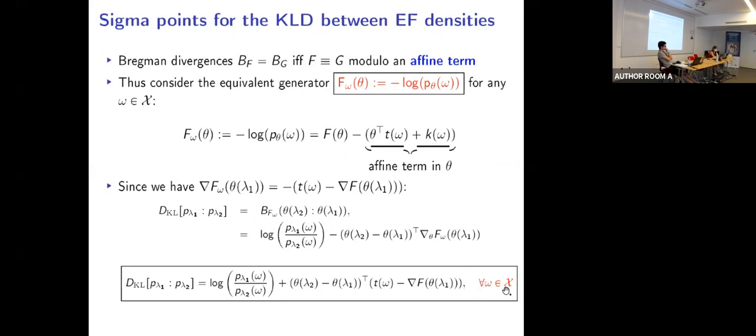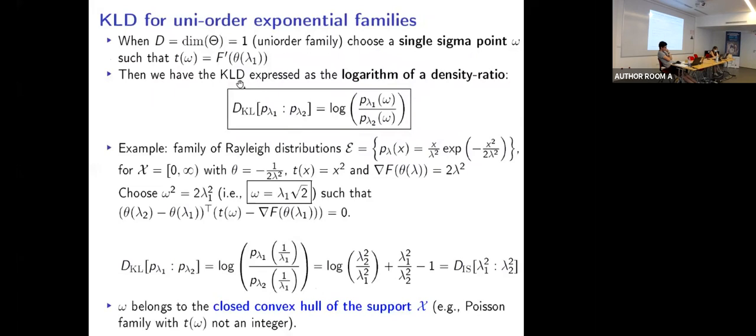So for any omega in your support, you can express the KLD as a log density ratio plus some term here. And now we are going to annihilate that term, making it tend to zero, by choosing some special value for omega. So let's say that we have an exponential family of uni-order, okay? So the natural parameter space is 1.